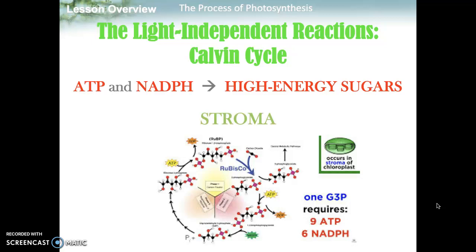This part is going to occur in the stroma, or liquid portion of the chloroplast. If you remember, our light-dependent reactions occurred across the membrane into the thylakoid. Okay, this part is going to occur outside in the stroma. So once we produce that ATP and NADPH inside, it moves out into the stroma where we can make glucose.